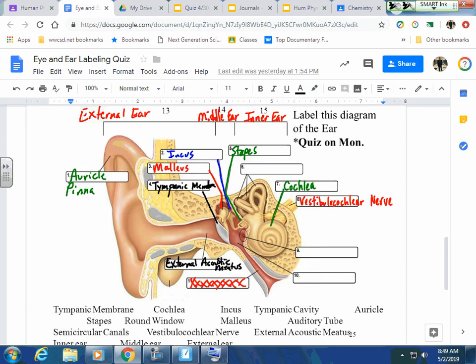All right, and number 16, there is no 16. Make a 16. Because this is an important one. These tubes up here, these are the semicircular canals. Semicircular canals. And that's all, folks.